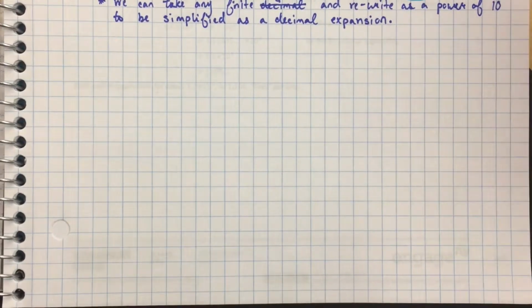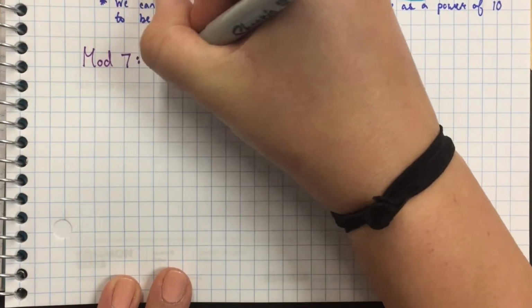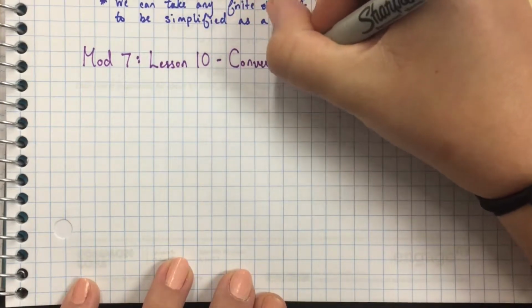The next thing I want to look at is Module 7, Lesson 10. And this has to do with converting repeating decimals to fractions.